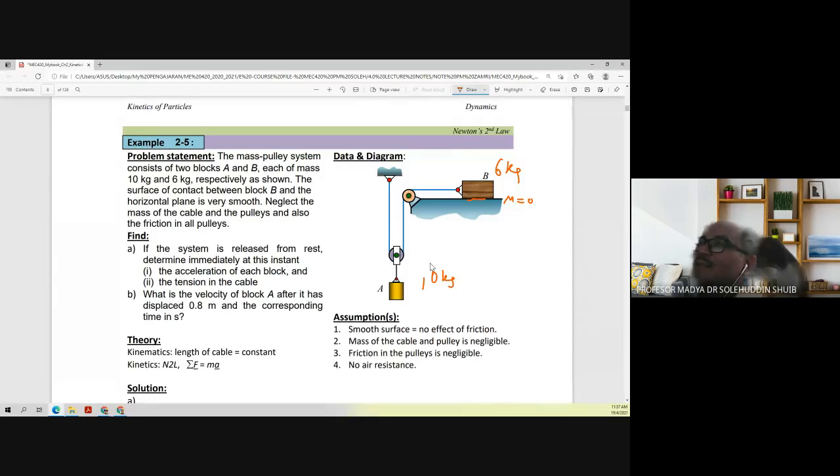Neglect the mass of the cable, and also the friction of the pulley. So it is frictionless.